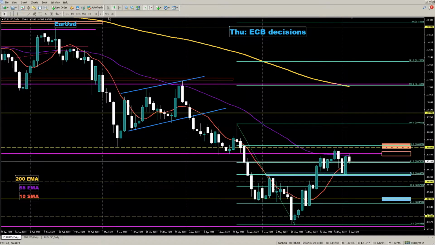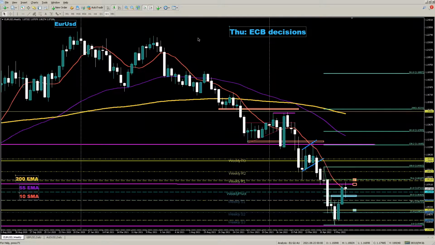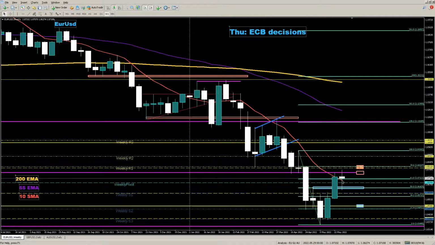Let's take a look at the weekly time frame. And yes, it's closed as a spinning top here.